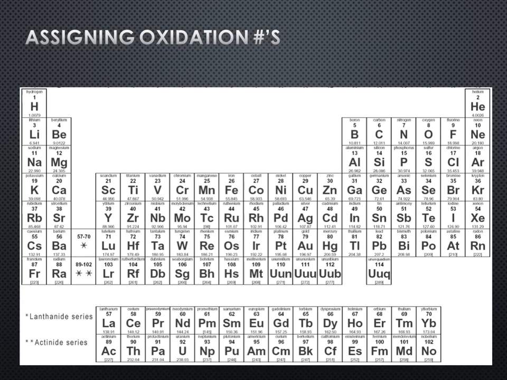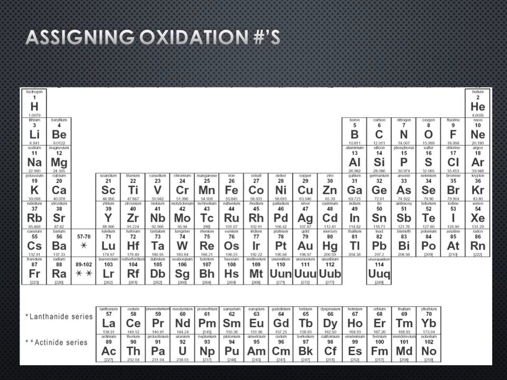Is it easier to lose that 1 valence electron to look more like the inert gases here, or gain 7 electrons to look like these inert gases? Because we all want to look like this as far as electron stability, as far as the electron configuration, right? A full shell. So you should say, well, it's probably easier to lose 1, and that would be the case.